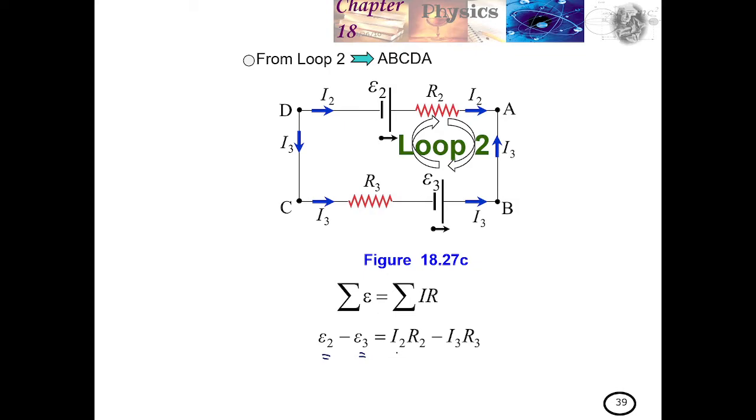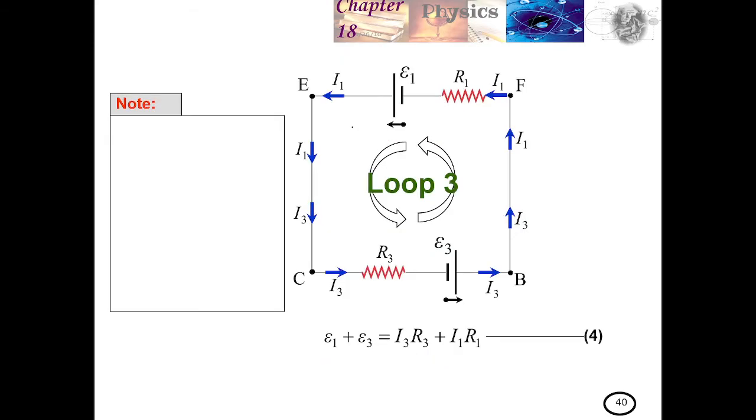So I2 R2 minus I3 R3: how much voltage drop over here, minus how much voltage drop over here. This one we call equation number 3.